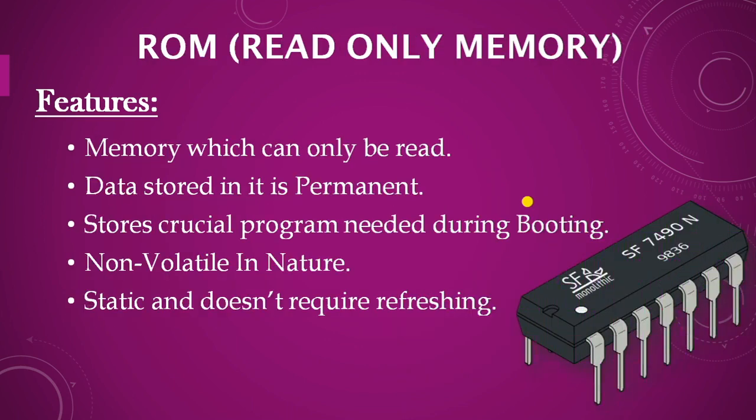Next we have ROM. This kind of device stays in the motherboard, and ROM is non-volatile. Yes, it's part of primary memory, but it's non-volatile because it stores some data permanently.